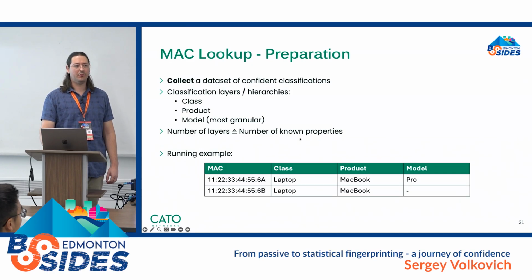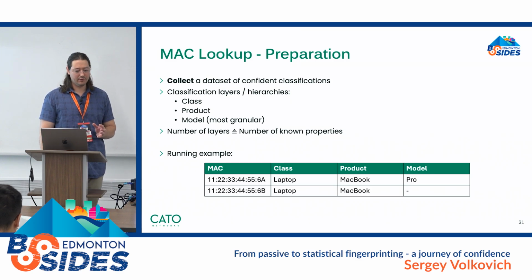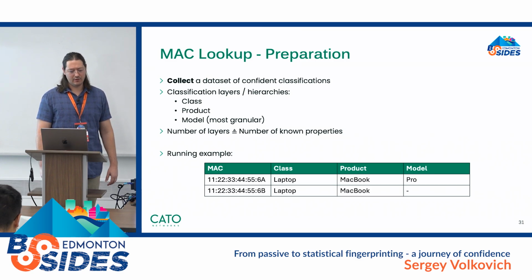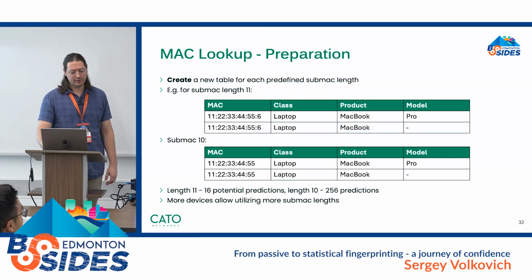How do we prepare this file? So as mentioned before, we have to collect a large data set. The data set contains classifications with different hierarchies. In Cato, we use the class, for example, laptop, the product, for example, MacBook, and the model like Pro or Air. This will be our running example.